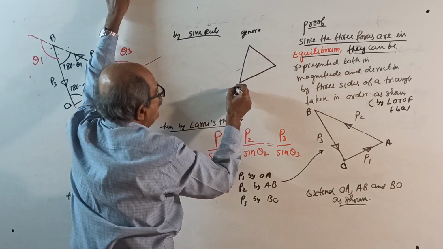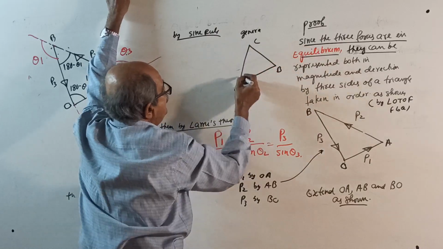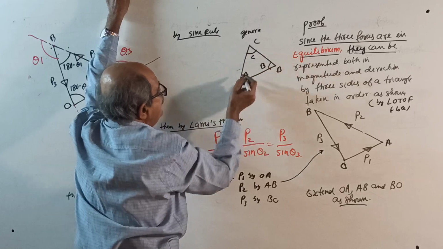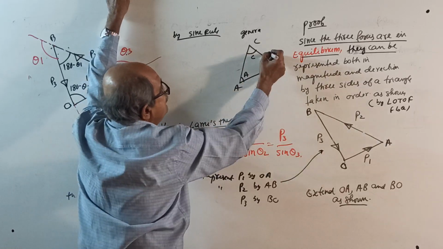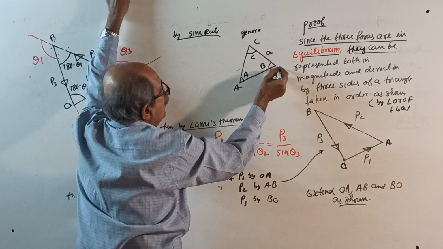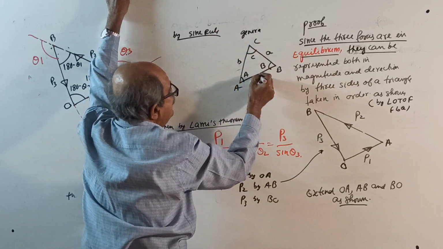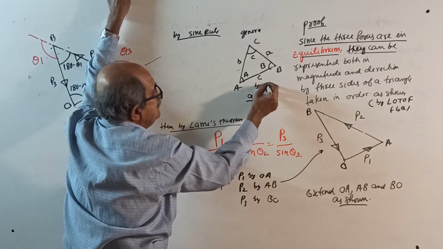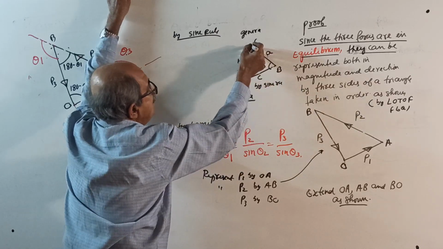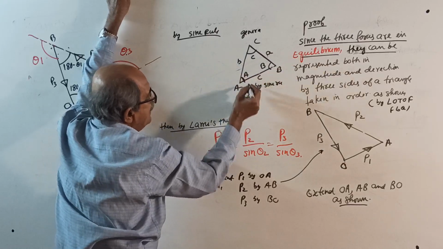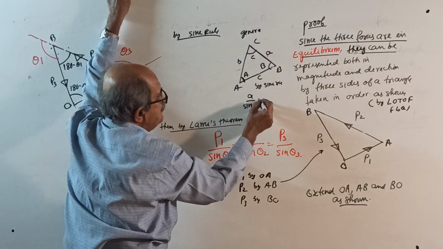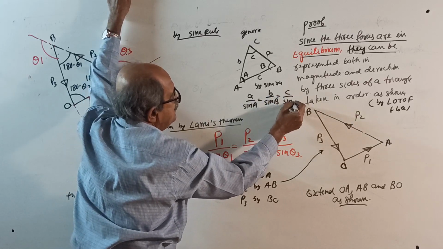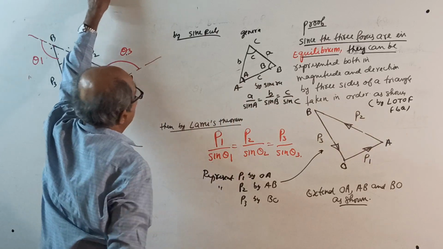This is called angle A, this is angle B, this is angle C. For angle A, this is side A; for B, opposite side B; side C. By sine rule, this side by sine of this angle: A by sine A equal to B by sine B equal to C by sine C.